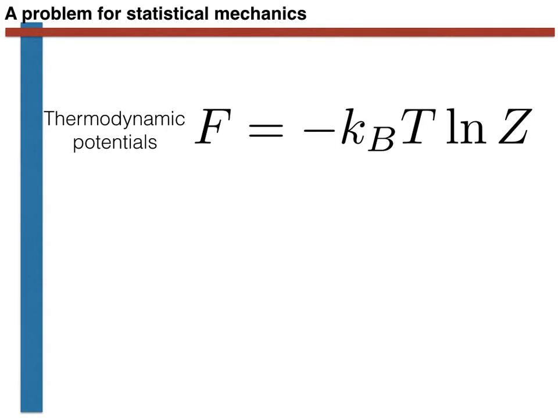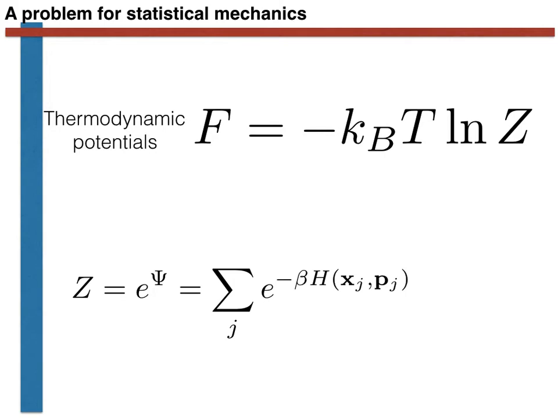This realization about phase transitions is highly problematic for statistical mechanics. If you remember, the thermodynamic potential is related to the logarithm of the partition function. Hence, as shown at the top of this slide, the free energy is equal to minus k_B T multiplied by the logarithm of the canonical partition function. Furthermore, the canonical partition function is simply the following sum over microstates.